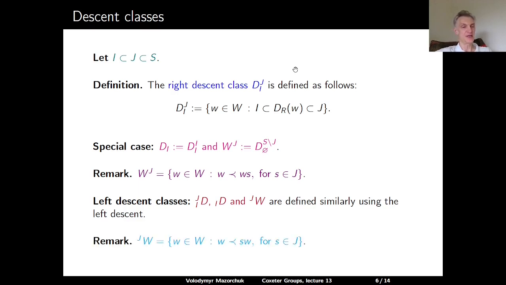So in particular, D^J on the left is the set of all elements w in W such that w is smaller than sw for any s in J.